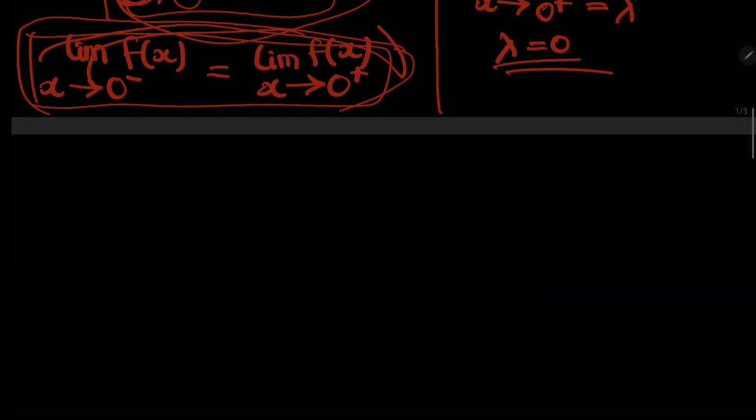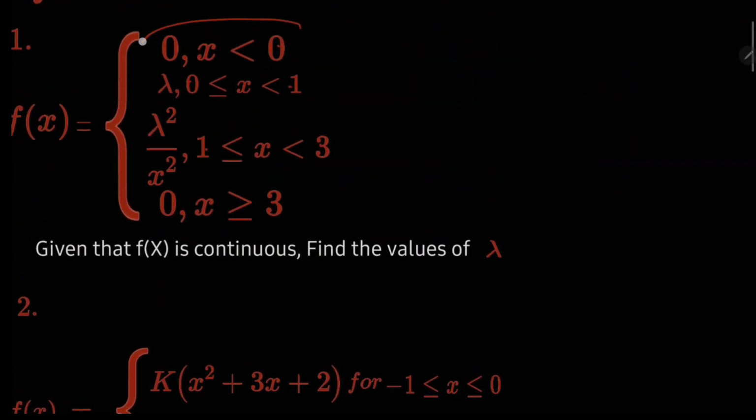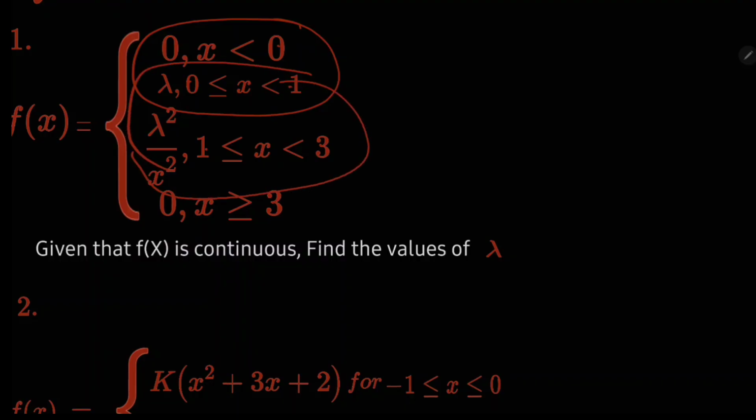Okay, now let's go to step 2. Step 2, to find the second value of lambda from the second case. So we are done with these two. So now let's go with these two.